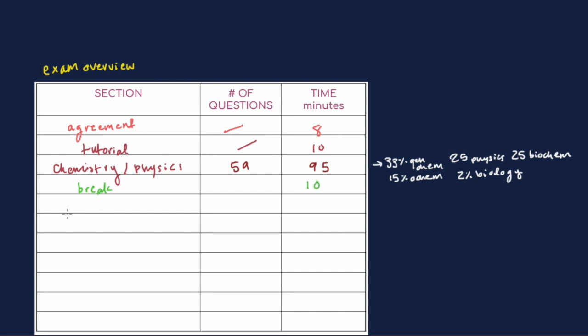Okay, following that is the critical analysis and reasoning part of the exam. This one is a little bit shorter than the other section. It's 53 questions as opposed to 59. And the breakdown of it is 50% humanities and 50% social sciences.